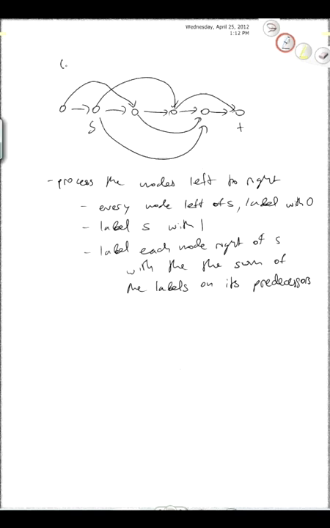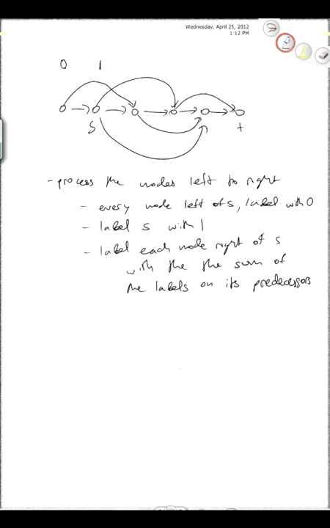So here it said label every node left of S with a 0, label S with a 1, and then for every node to the right of S, we're going to label it with the sum of its predecessors. So basically what these numbers mean are the number of paths starting at S and ending at that node.